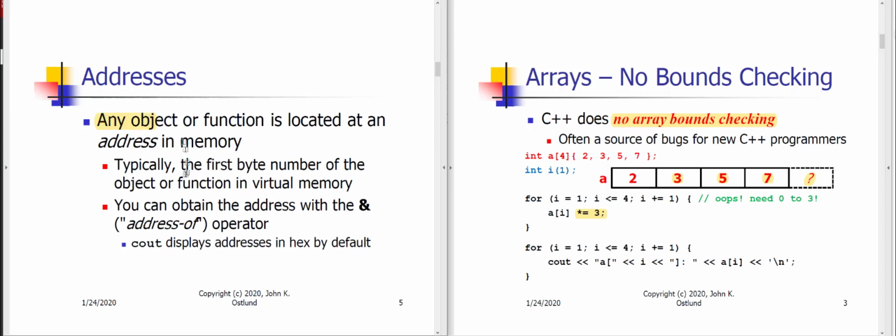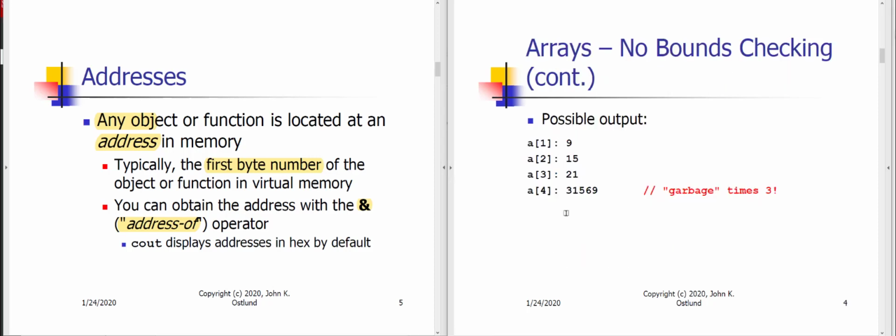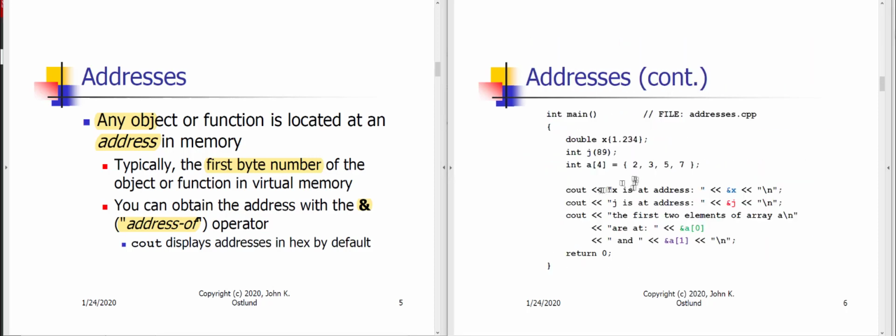Okay, any object, and for that matter any function, is located in memory at some address. And the address is typically going to be the address of the first byte of the object. You can obtain the address of an object in your C++ program by sticking the ampersand operator in front of it. And we'll pronounce the ampersand operator as the address of operator. Let me skip ahead to an example program here.